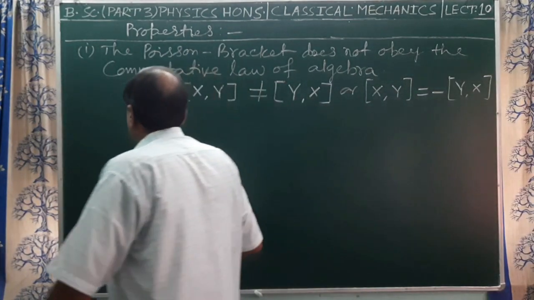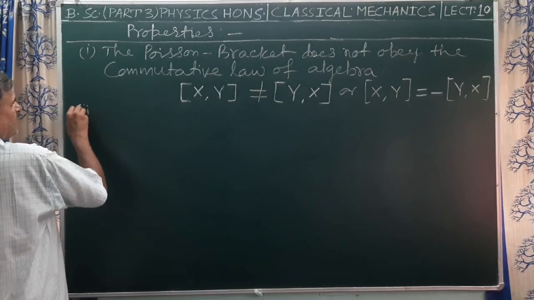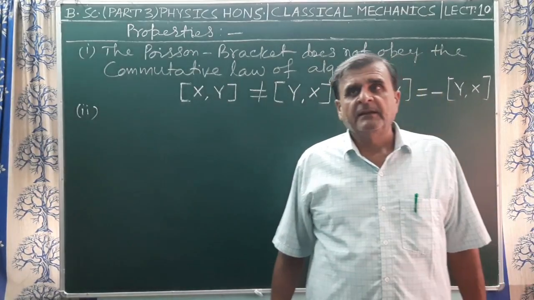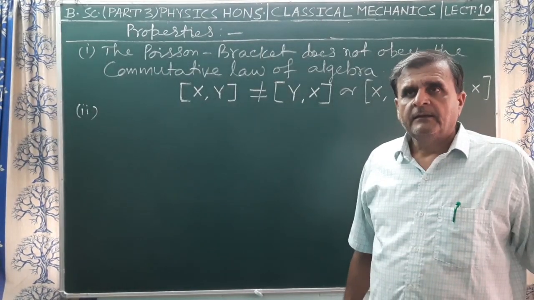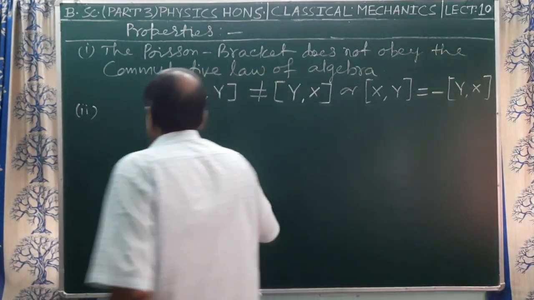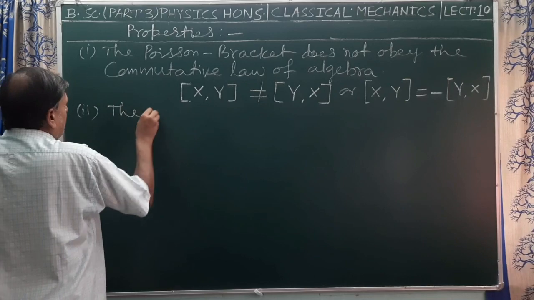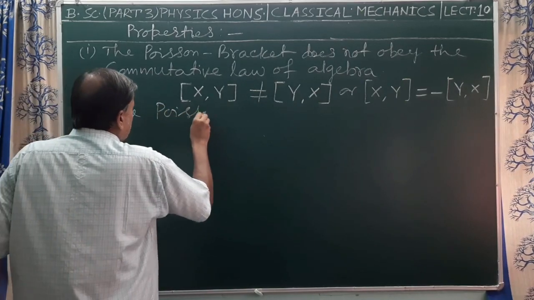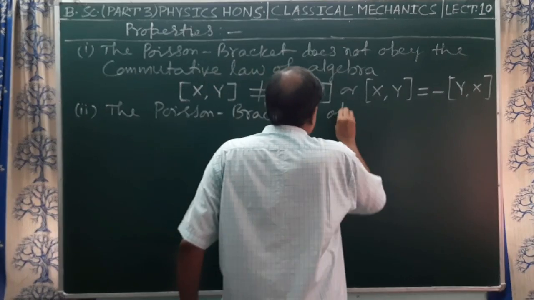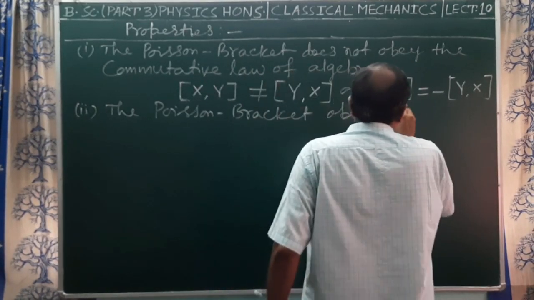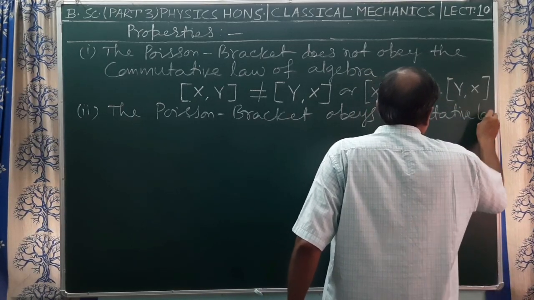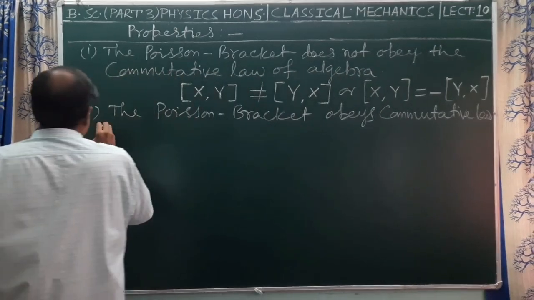Now the second property is that the Poisson bracket obeys the distributive law of algebra. So write down: the Poisson bracket obeys the distributive law of algebra.